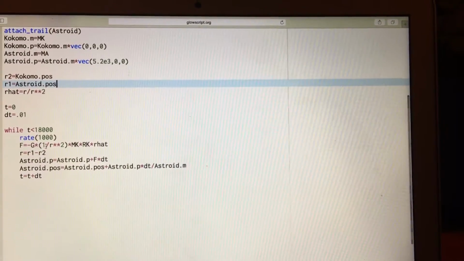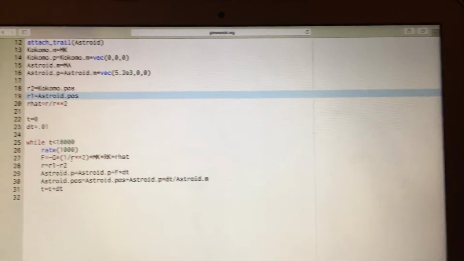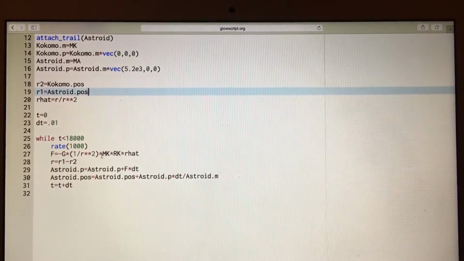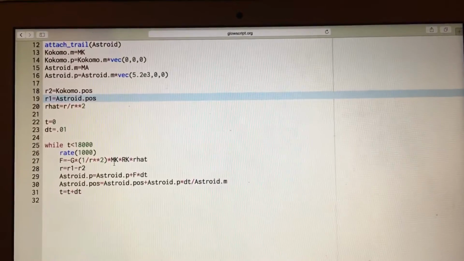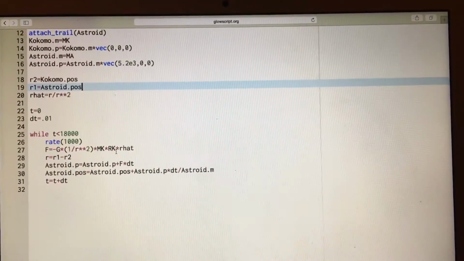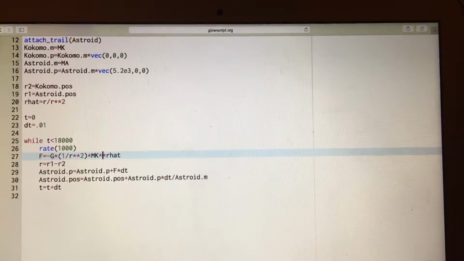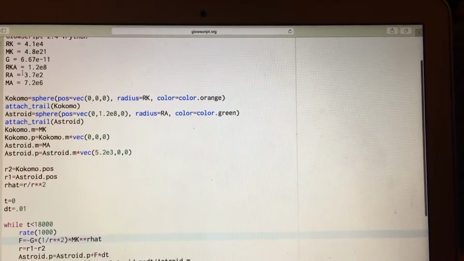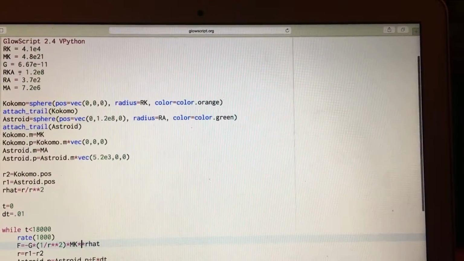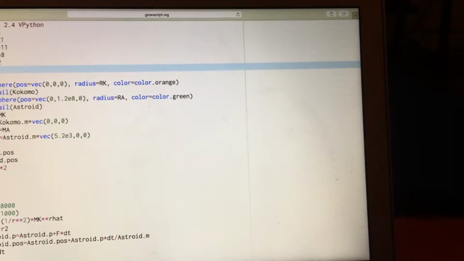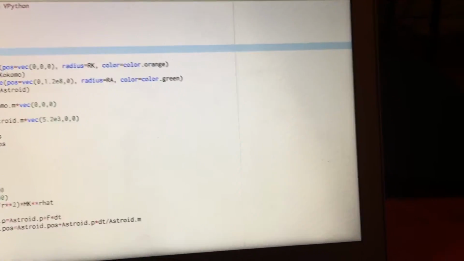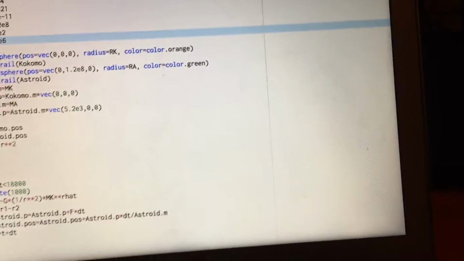It's going to be dividing everything by the magnitude of r squared, and then multiply the top by the mass of Kokomo and the mass of my asteroid, which is going to be MA, and MK.